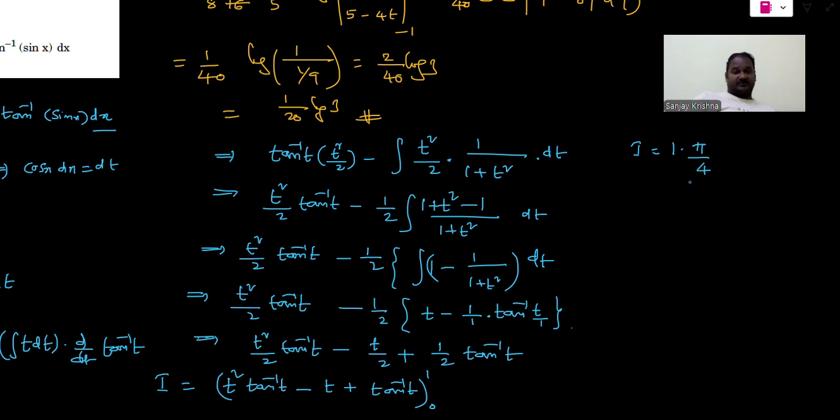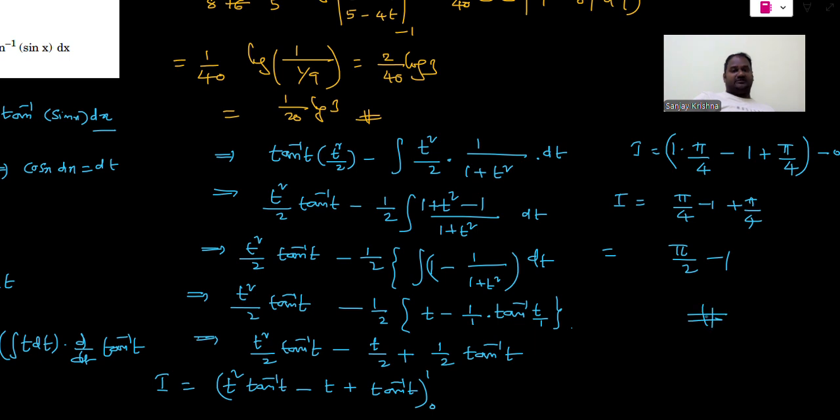So it is going to be pi by 4 minus t, t is equal to 1, plus tan inverse 1, and tan inverse 1 is equal to pi by 4. Right? And then minus, when you substitute 0 here, 0 into anything is 0, minus 0, tan inverse 0 is also 0. So totally it is going to be 0. Finally the value of the integral is pi by 4 minus 1 plus pi by 4, so pi by 4 plus pi by 4 is pi by 2, minus 1.